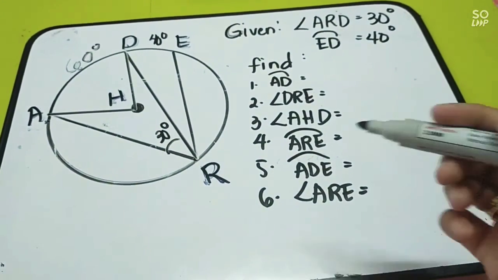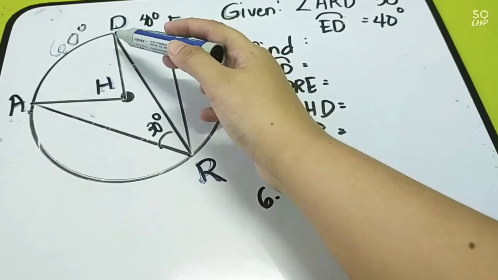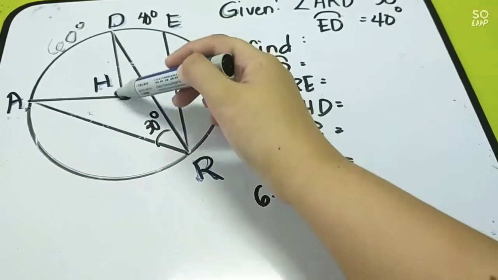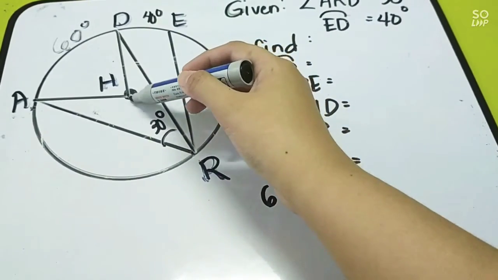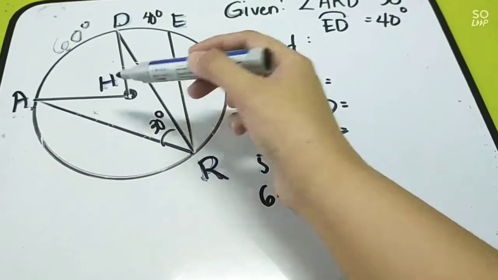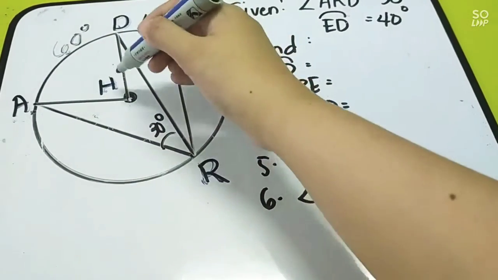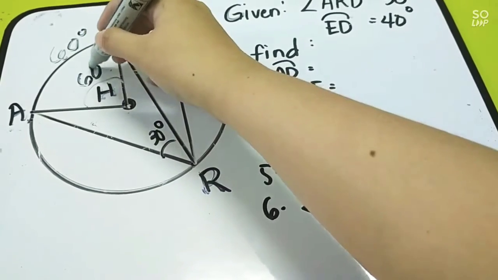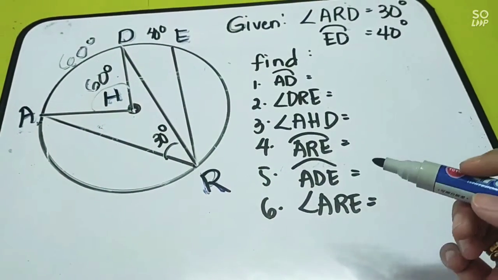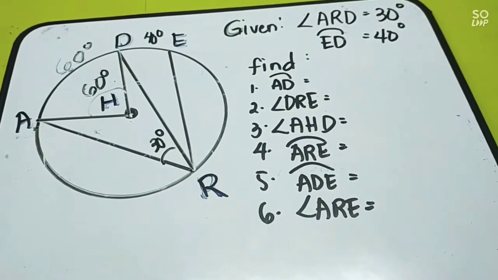Next, arc AD is also the intercepted arc of this central angle. This one is a central angle because its vertex is at the center. We have DHA, so let's put the answer: 60 degrees also, because the central angle is equal to its intercepted arc.